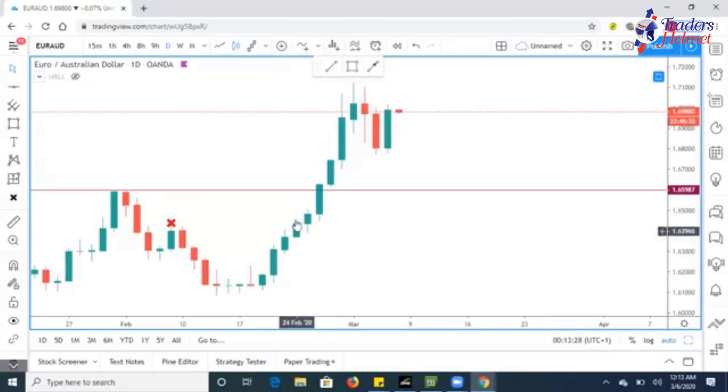Now, what did the next candle do? It traded beneath the high and the close of yesterday, then went up. Same thing again and again, traded beneath the high and the close and went up.